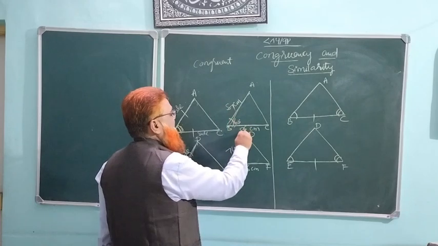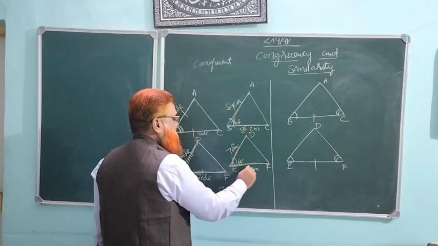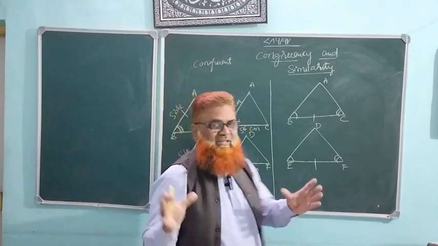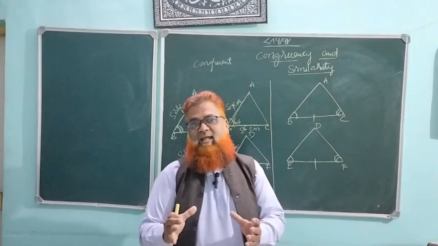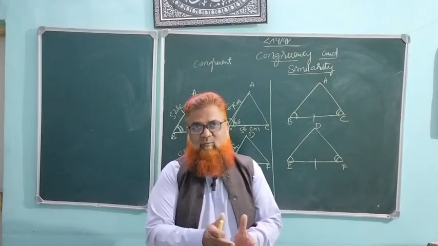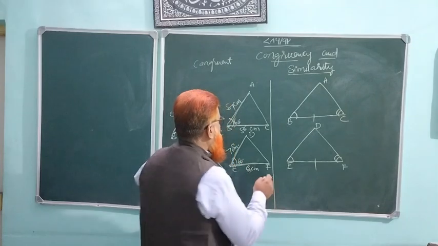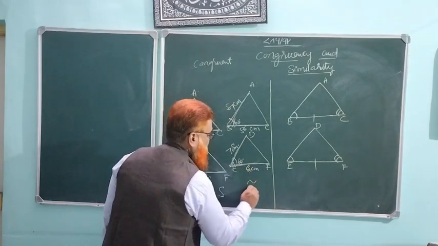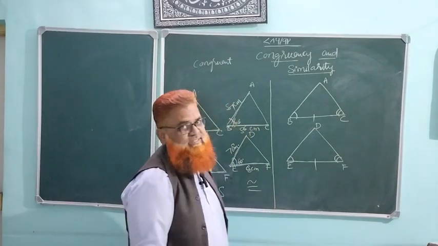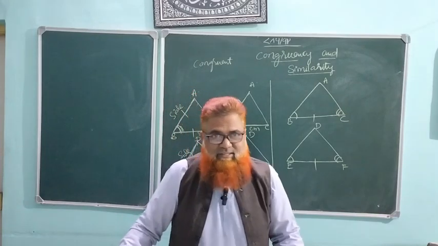Side, angle, side. When we compare both triangles, their corresponding side, angle, side are equal, so we say that both the triangles are congruent to each other. This is the symbol of congruency. I hope you understand this, isn't it?